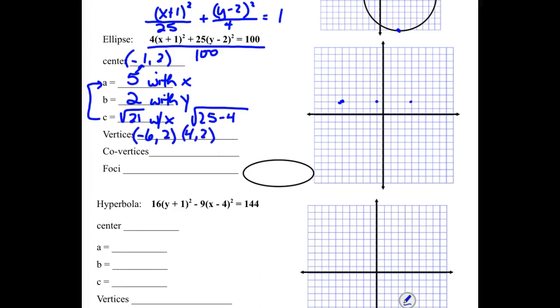All right, then we're going to go 2 spaces in the Y direction. Those are our covertices. What are the coordinates for that? If we add and subtract 2 to the Y coordinate. All right. We can draw the ellipse in.